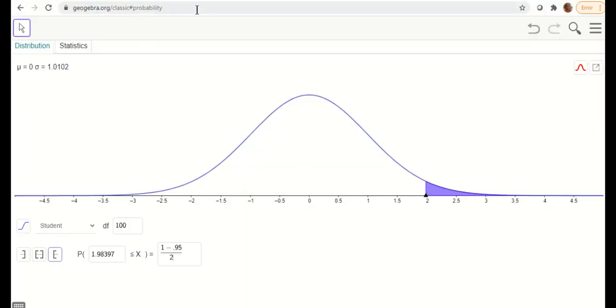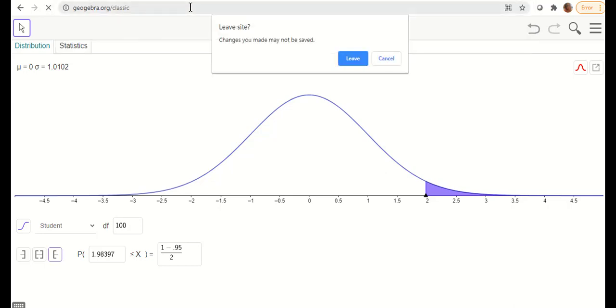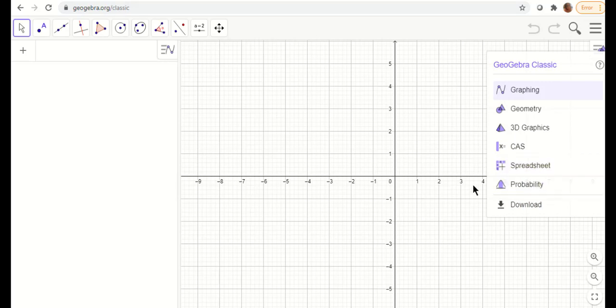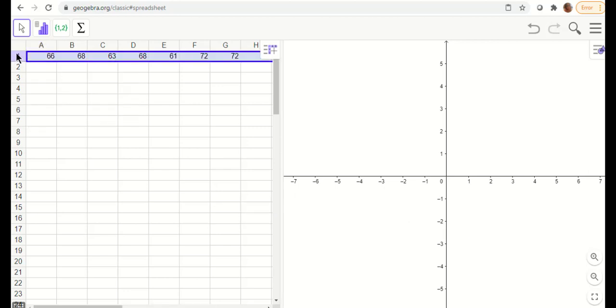So we start with GeoGebra Classic. Okay. And starting from the GeoGebra Classic, we are now this time going to start with a spreadsheet. Right? I will paste my data into the spreadsheet, and we will select the row or the column where all of your information or data is in.